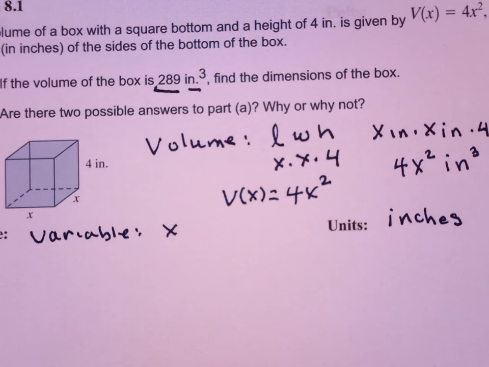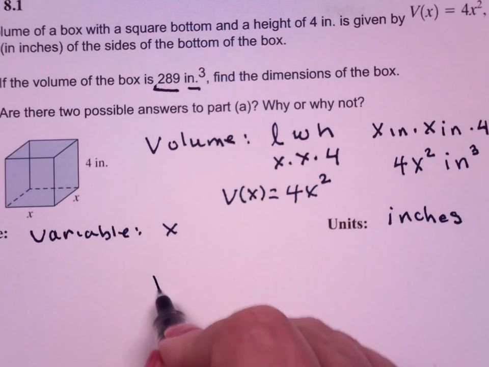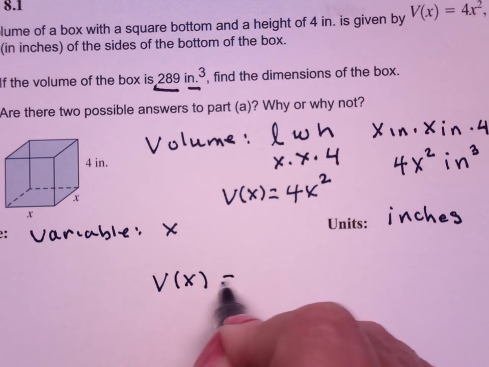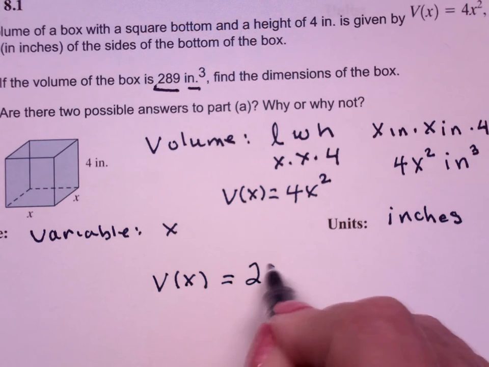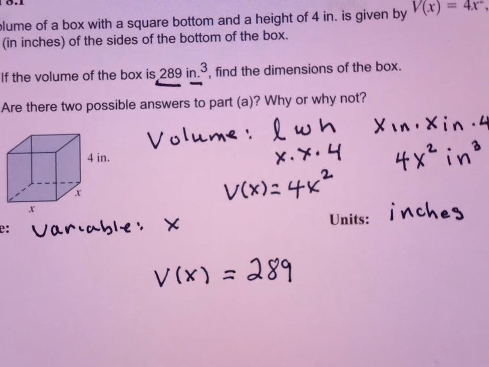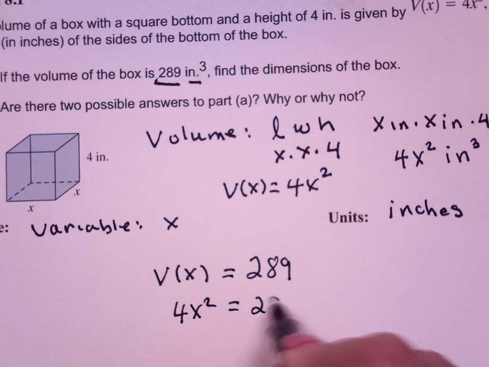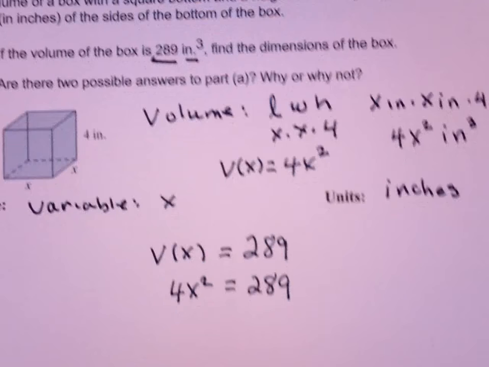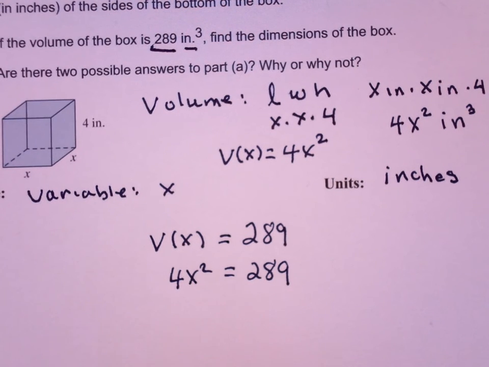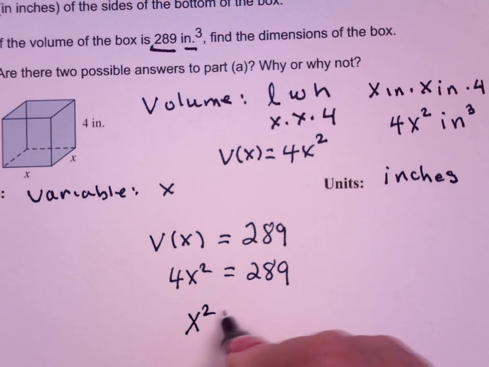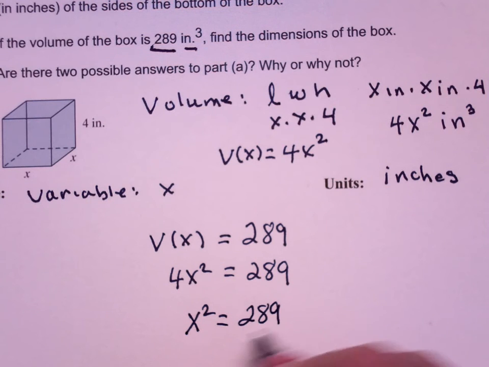So that says the volume is 289, or that 4x squared equals 289. Get x squared by itself: 289 divided by 4.